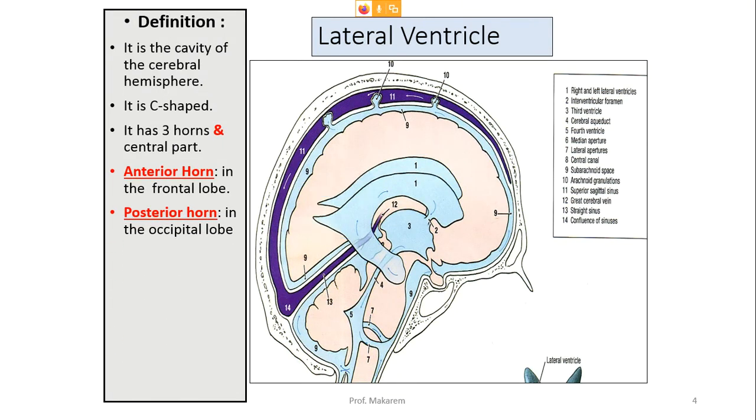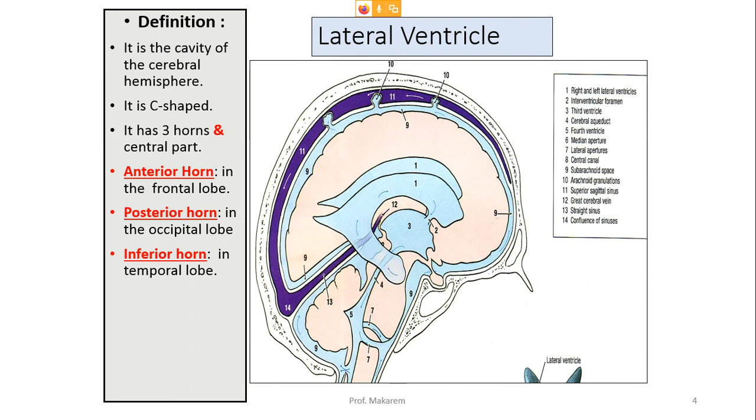The posterior horn is a backward extension from the central part or central body, and it extends into the occipital lobe towards the occipital pole of the cerebrum. Then comes the inferior horn, which is a direct continuation of the main ventricular cavity into the temporal lobe.